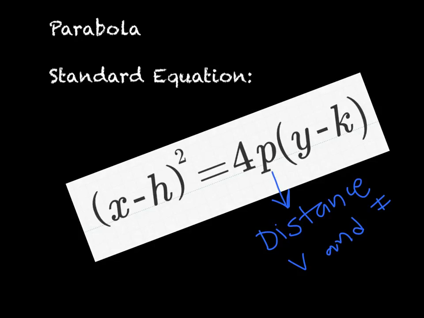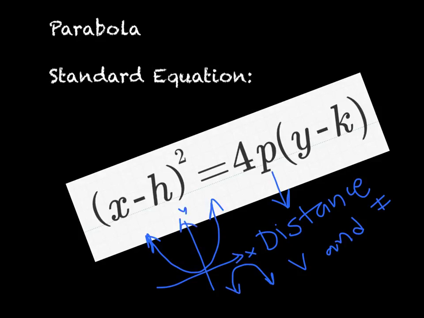This is the equation of the vertical parabola, which is the parabola that opens upwards or downwards, and the most common parabola, the one that we have seen since algebra.